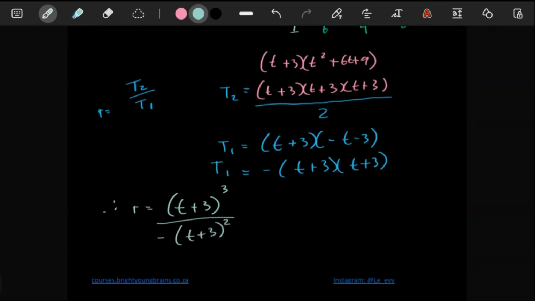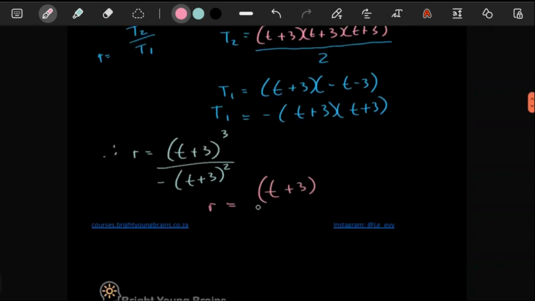And then r is equal to t plus 3, the whole thing over negative 1, which is technically r. No, come on, man. R is equal to negative t plus 3.